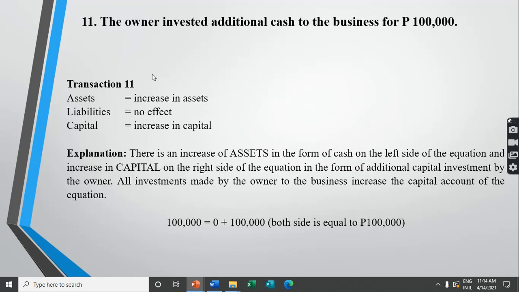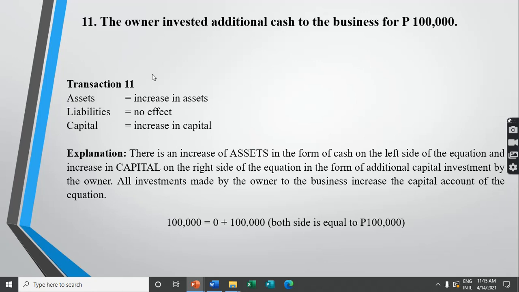Okay? Sa transaction 11 naman, the owner invested additional cash to the business for 100,000. So, si owner nag-invest ng additional, ayan, ng additional cash which is 100,000. Ayan. So, meaning, nadagdagan yung asset mo ng 100,000 and also, nadagdagan din yung capital mo ng 100,000 kasi nag-invest ka nga. Tama? So, both side is equal to or increase by 100,000.